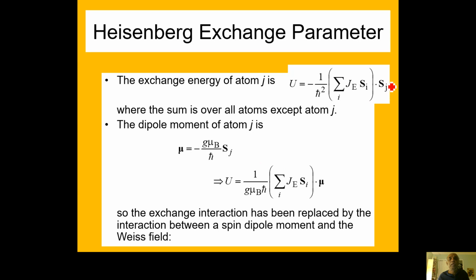So we are talking about the interaction on atom spin S_j due to all the spins surrounding that S_j. Then you can calculate this one, where i is all the spins except j, right? Then you have this J_e, that's the coupling constant. So you can write it this way. The sum is over all the atoms except the jth atom, which doesn't interact with itself.